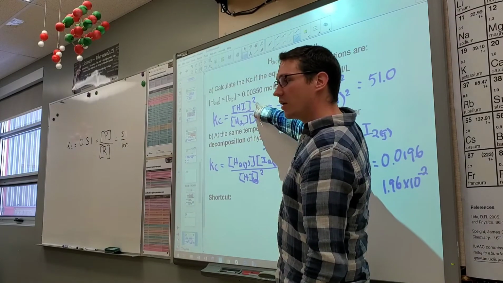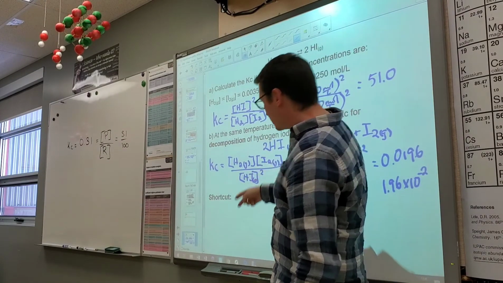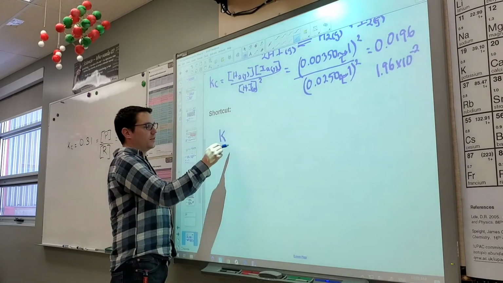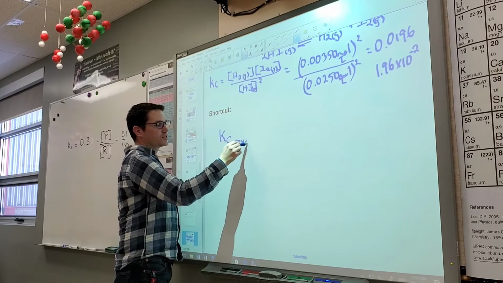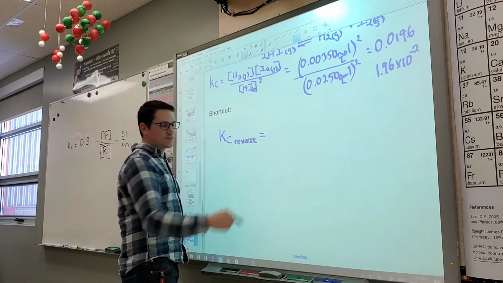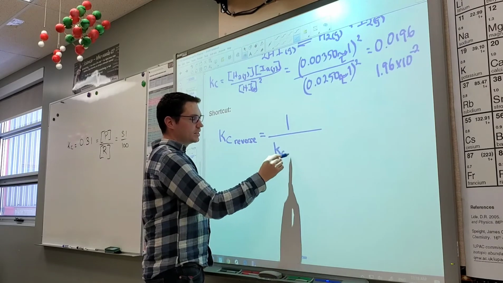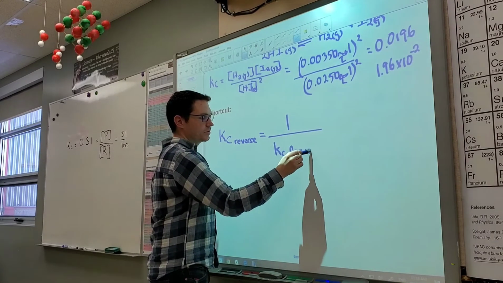Would you agree these are the reciprocal of each other? And so all you have to do is this: the Kc of the reverse reaction is equal to 1 over the Kc of the forwards reaction.